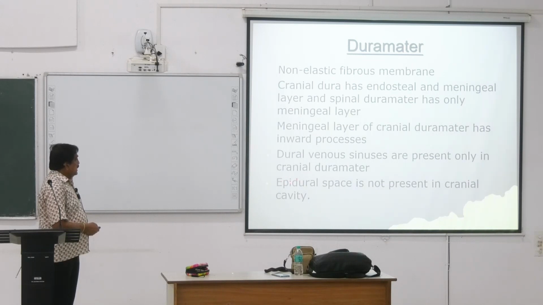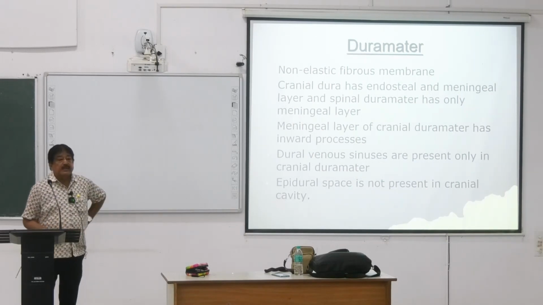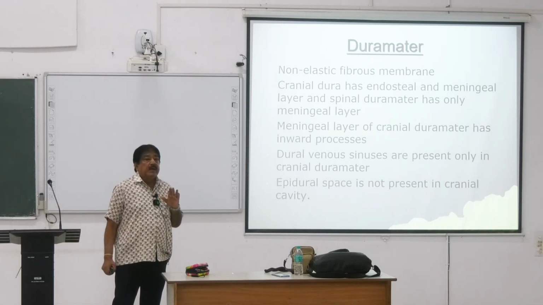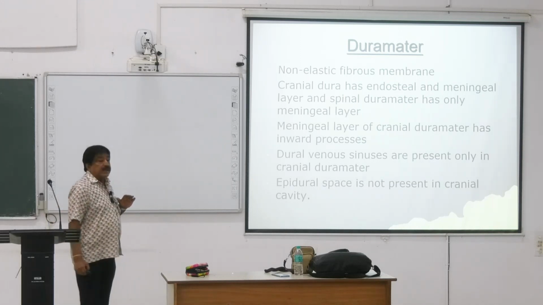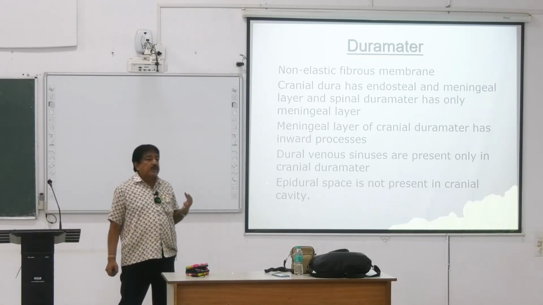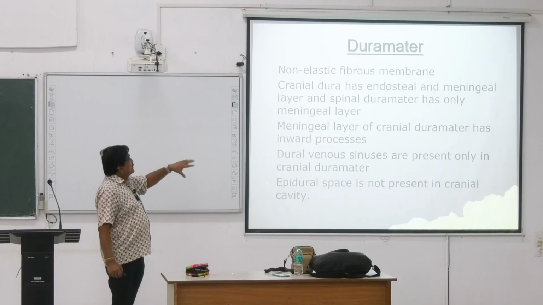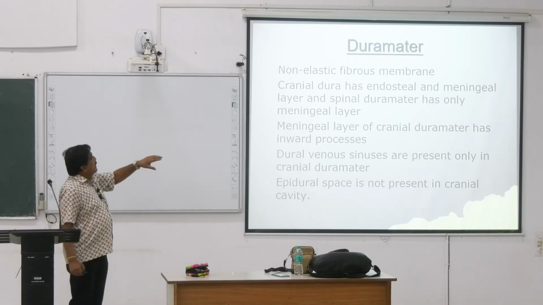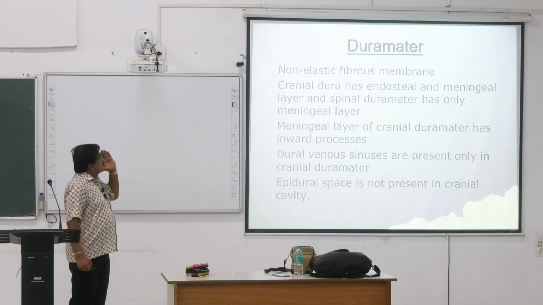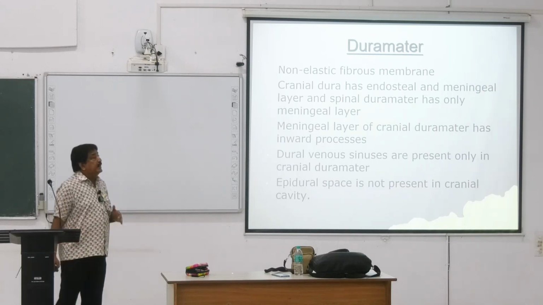And epidural space is not present in cranial cavity. Now, this is important because epidural space is not present in the cranial cavity. It can be an MCQ question also.